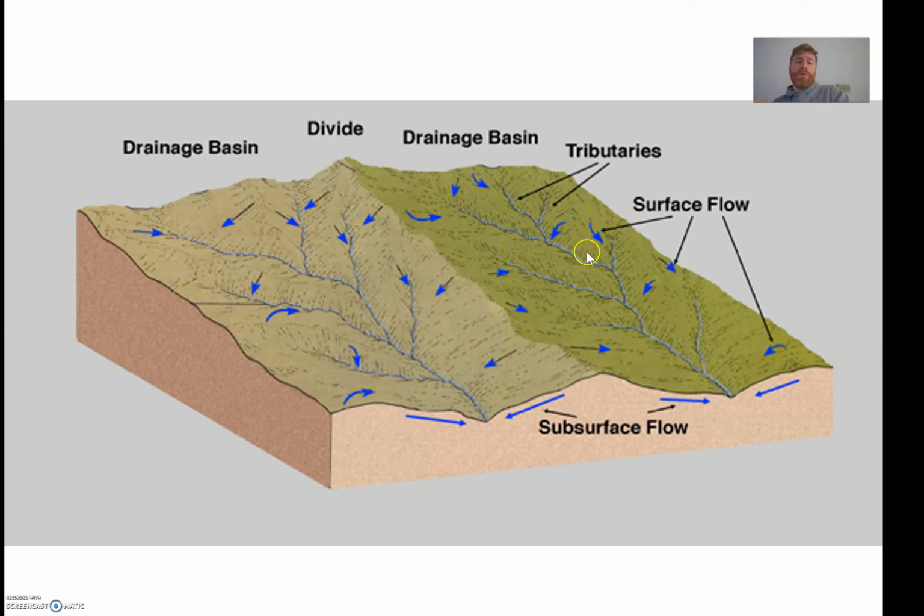And any droplet of water, precipitation, snow, hail, whatever, that falls on this side of the highland will form part of this drainage basin here. So a drainage basin is an area of land usually separated by a ridge of highland. It's an area of land drained by a river and all of its tributaries.